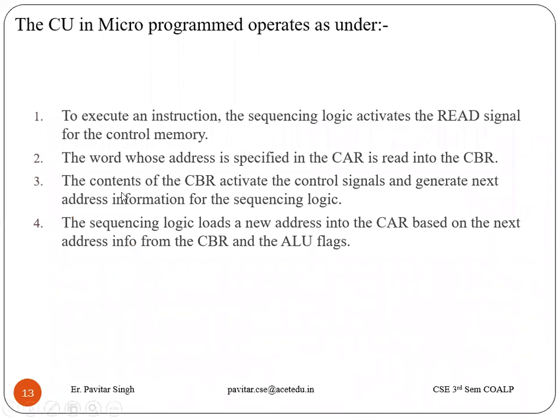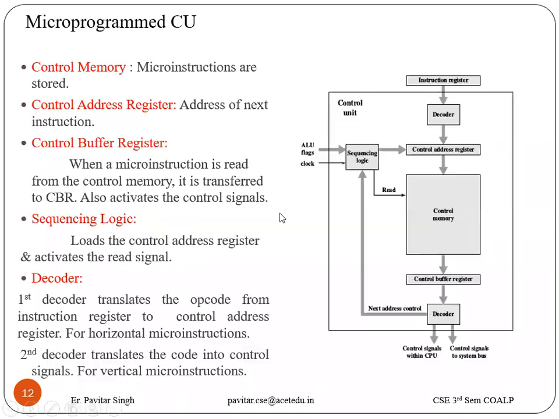That word is read and given to the control buffer register, right? So the contents of the control buffer register activate the control signals and generate the next address information for the sequencing logic. When the control signals of this word have been generated, the decoder will intimate for the next address, because here you are getting the first word and its corresponding control signals have been generated.